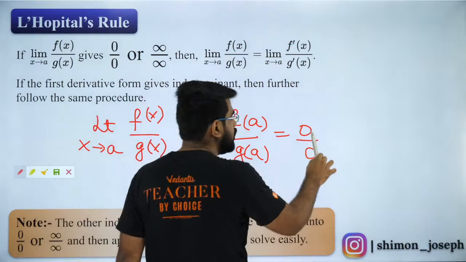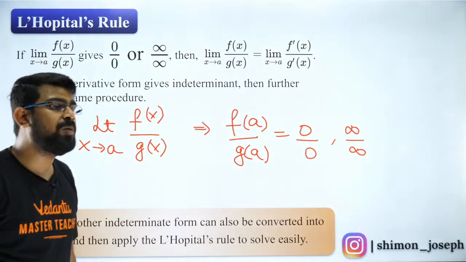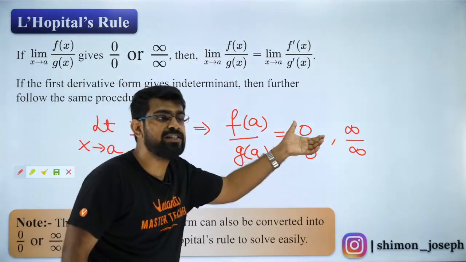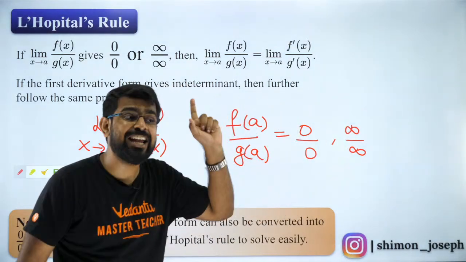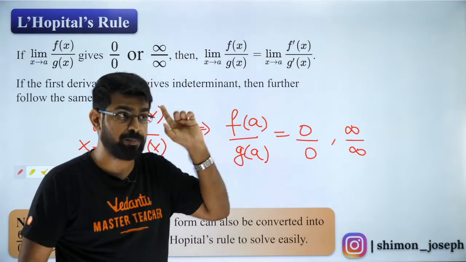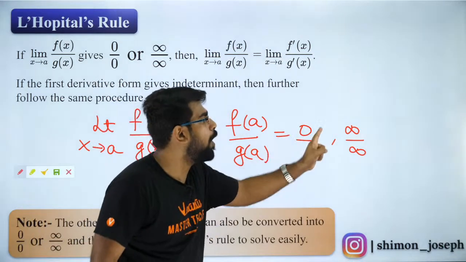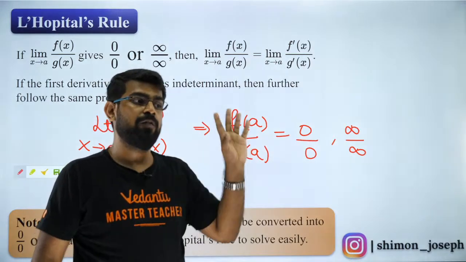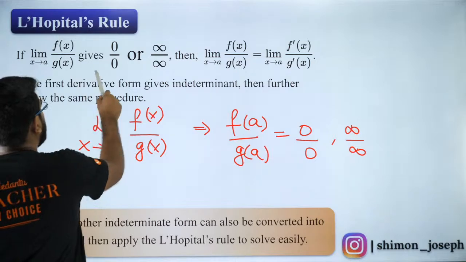If you have 0 by 0 or infinity by infinity, only then can you use L'Hopital. Please understand that. These are two indeterminate forms. When you have these two forms, you can use the L'Hopital method.